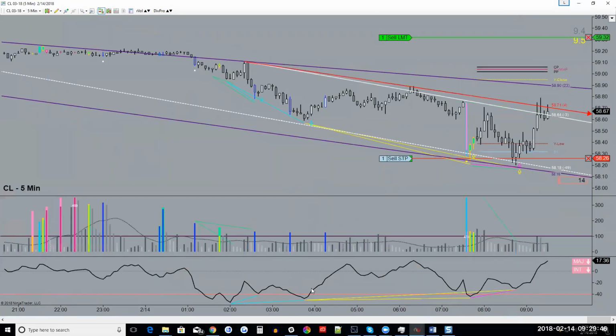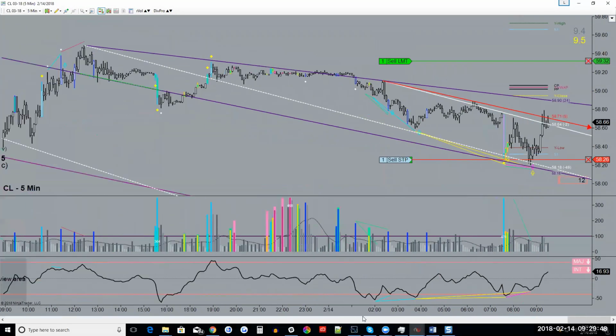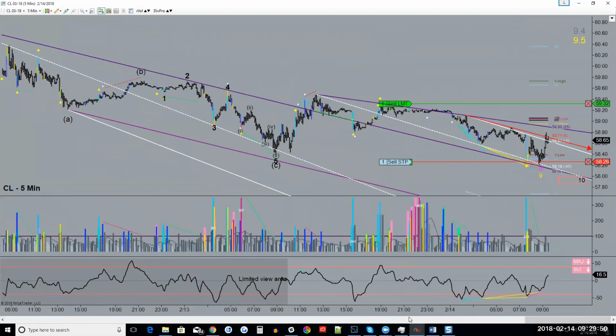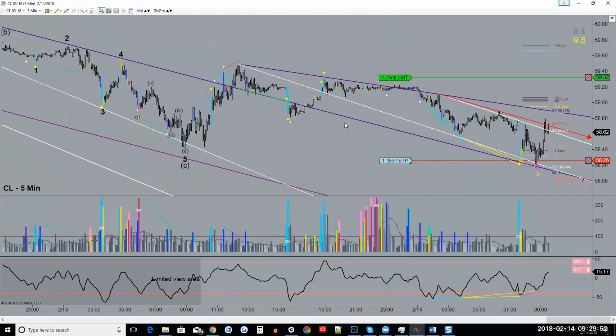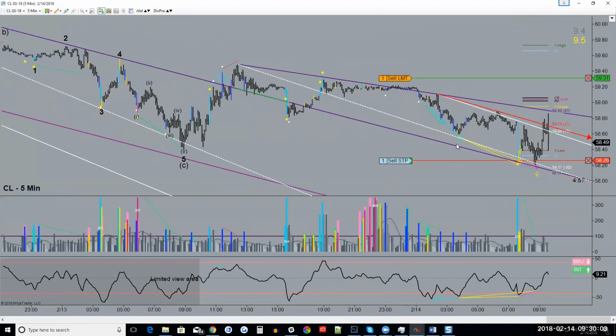That was a nice buy, by the way. Hopefully this report will take it straight up. There. Whoops. Ooh, that's a big reaction like we used to get.